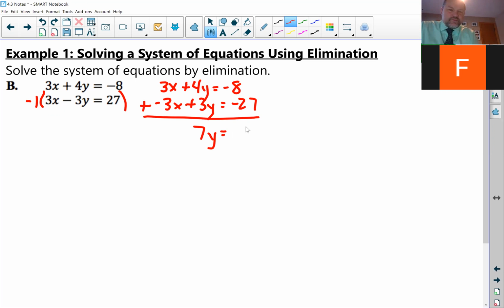Negative 8 plus negative 27 is negative 35. Divide both sides by 7. And we get y equals negative 5.